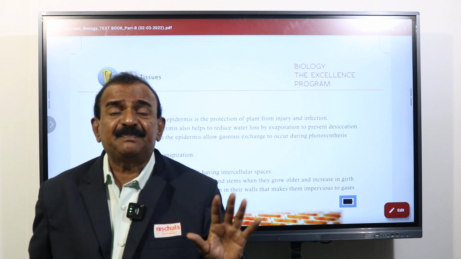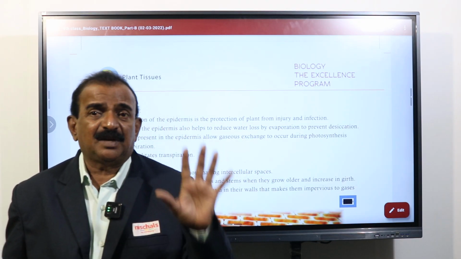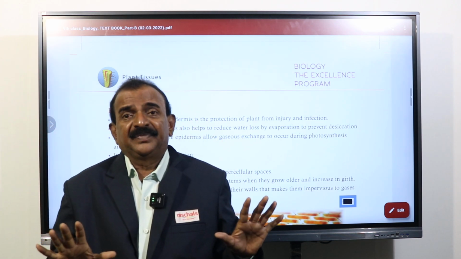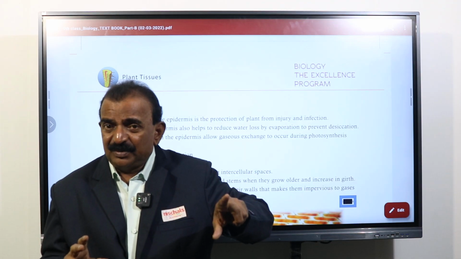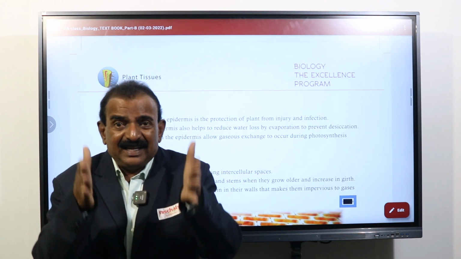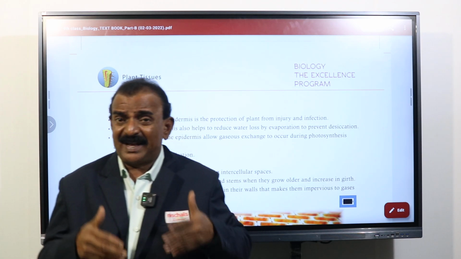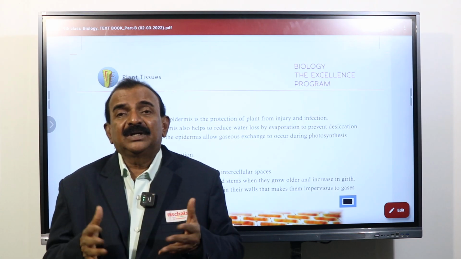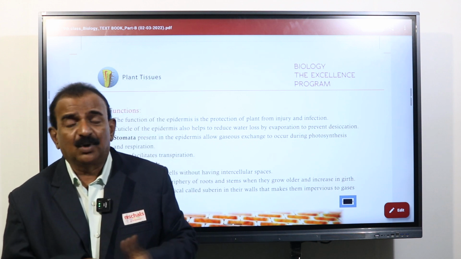Except xylem parenchyma, all other cells in the xylem are dead and lignified. Xylem fibers and tracheae are tube-like structures that give mechanical strength to the plant and form wood. Being dead tissue, they also conduct water. The transportation of water takes place through xylem.